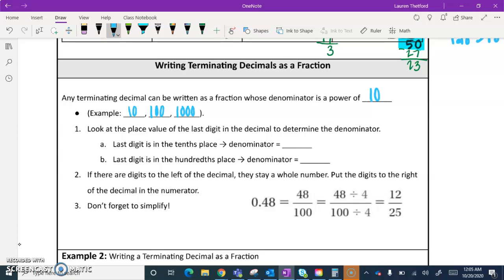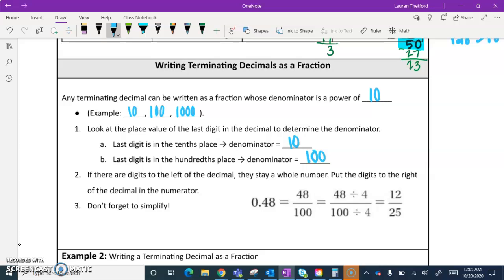When you look at the place value of the last digit in the decimal to determine the denominator, that tells us what we're going to write the fraction over, whether it's 10, 100, 1000, 10,000, and so on. The last digit in the tenths place would be a denominator of 10, and the last digit in the hundredths place would be a denominator of 100.